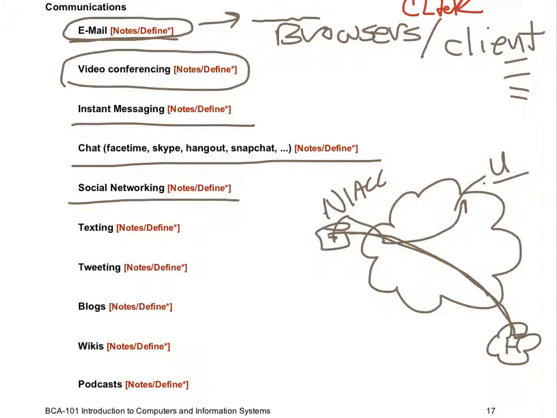Here's one now. Texting goes through your phone, the phone system. So you don't even need the internet at all to text. You don't need data access to the internet to text. This goes through the same place as your phone calls go through.